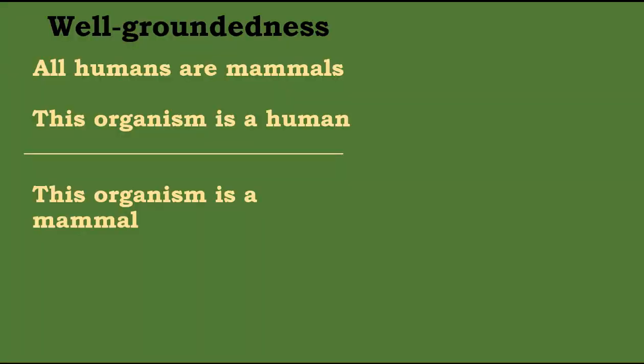So all humans are mammals. It's true. And this organism is a human. Well, let's say I have here someone beside me who is a human. I'm referring to that person or to that organism. So true.